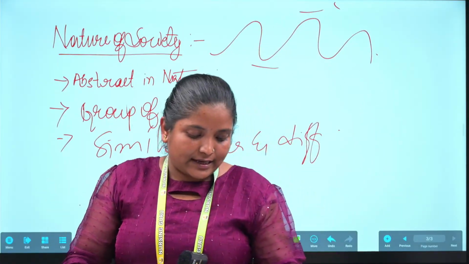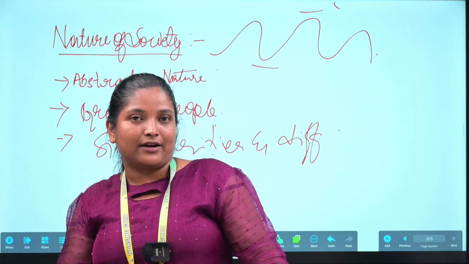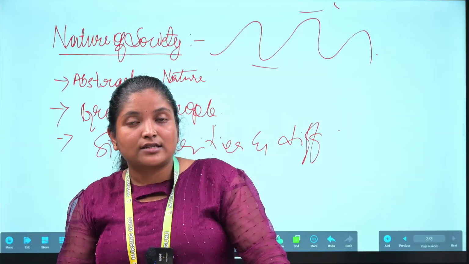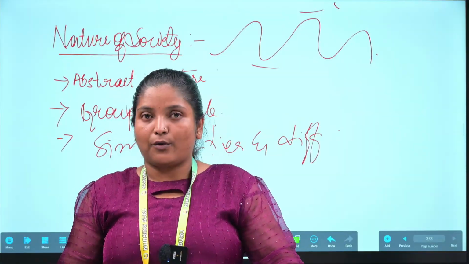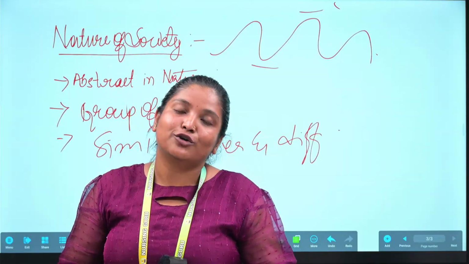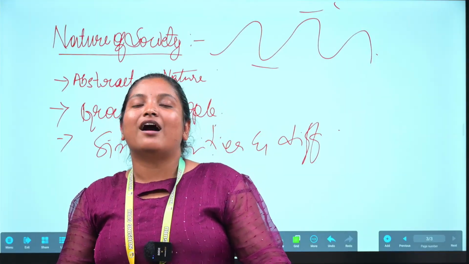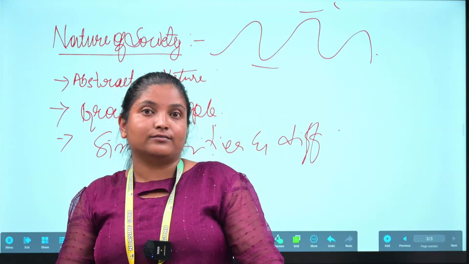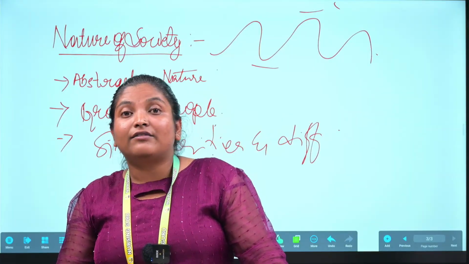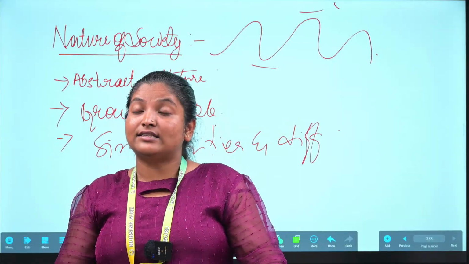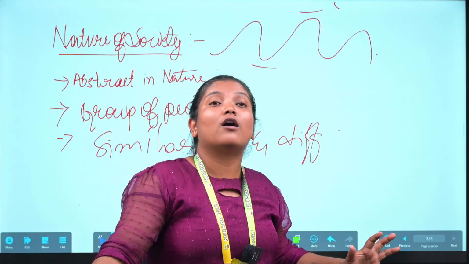The next one is division of labor. This is very important. To achieve a certain goal, division of labor is very important. So in society also there is a division of labor, because you can't do every work. We can't see productivity in individual work, because it needs division of labor and a strong team.